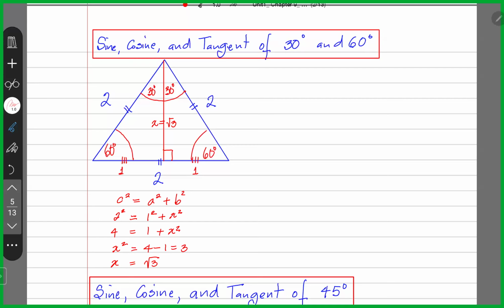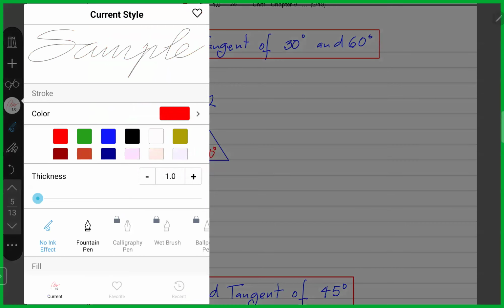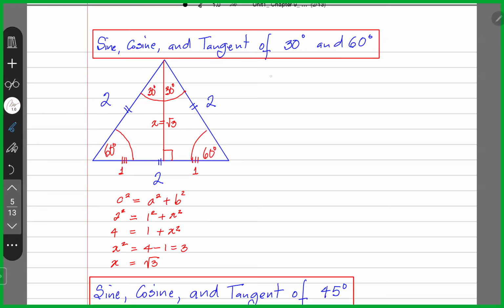Let's change this color ink. Now let's start looking at 30 degrees. The sine of 30 degrees, the cosine of 30 degrees, and the tangent of 30 degrees.